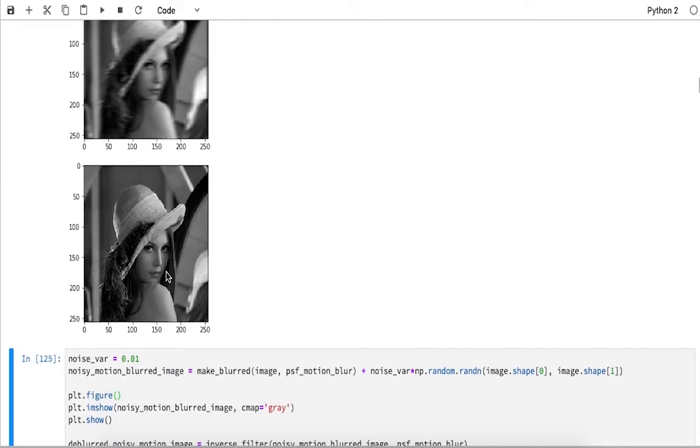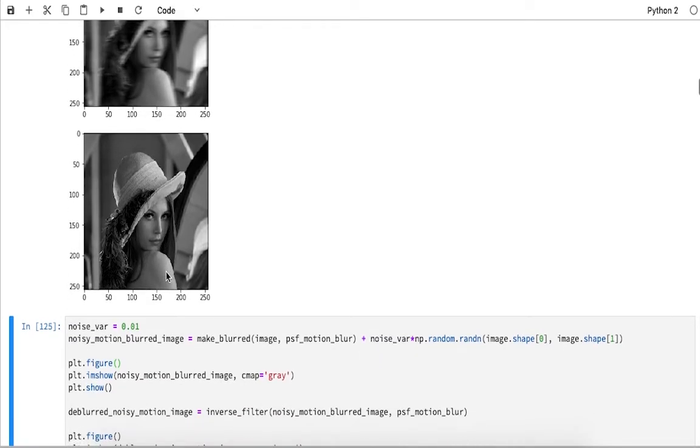Now let's introduce a little bit of noise to this. Basically I'm introducing noise with a variance of 0.01. To generate Gaussian noise, I'm using np.random.randn, which by default gives noise with zero mean and unit variance.